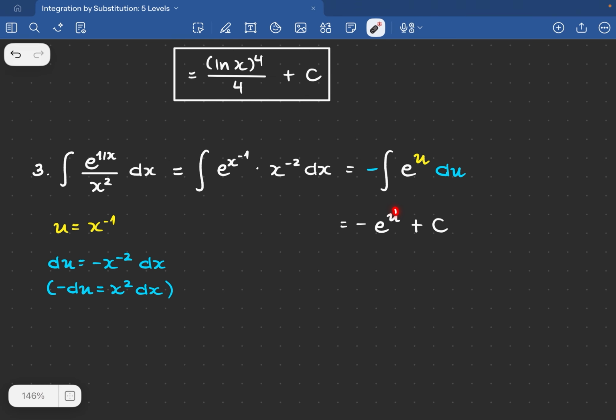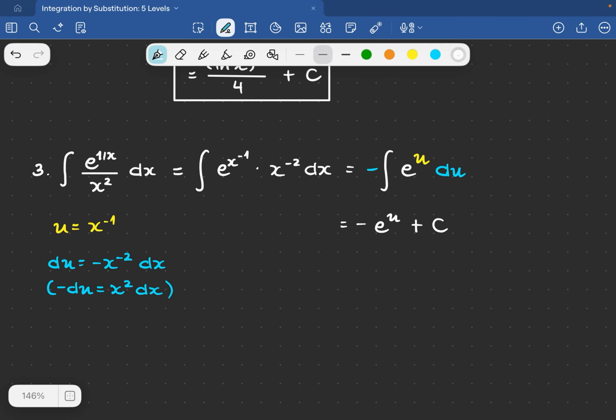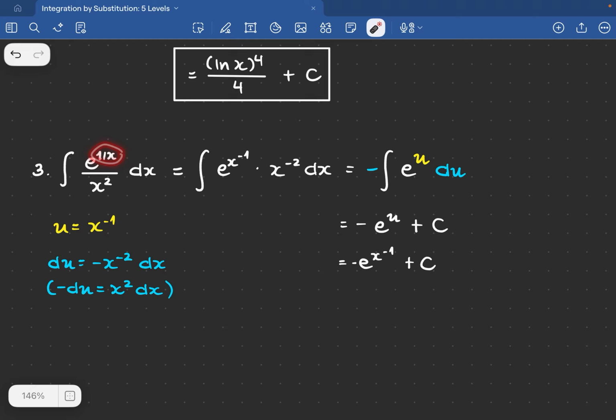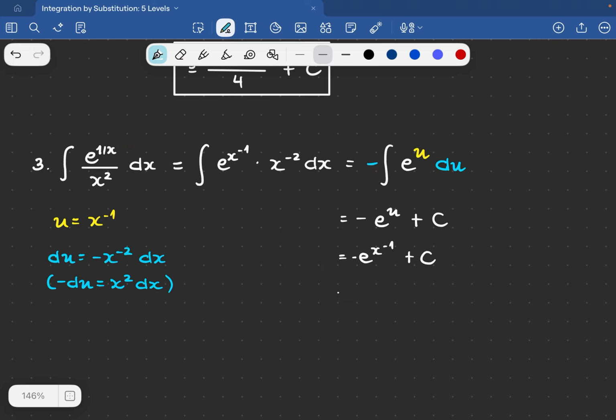And then again, going back to x, since u here is equal to x raised to negative 1, then we'll have negative e raised to x raised to negative 1 plus c. But just to match what we were given originally, let me write this as negative e raised to 1 over x plus c.